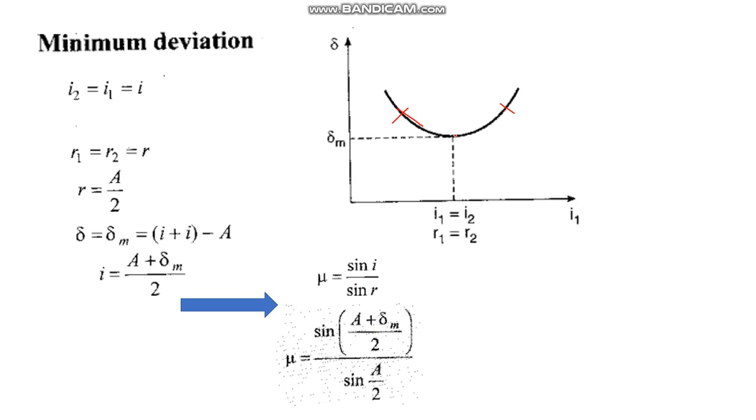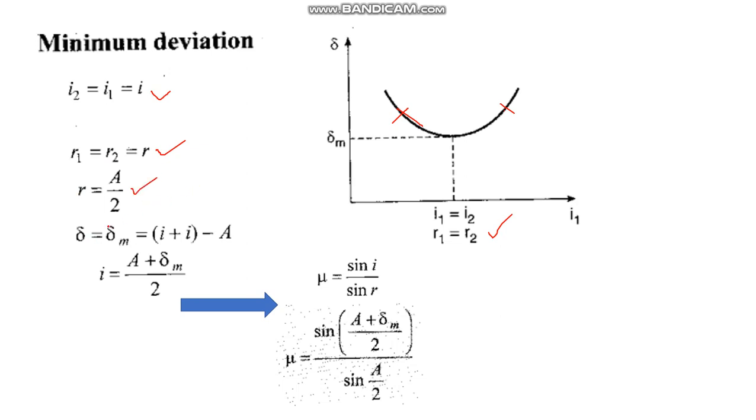This is a specific case where I1 and I2 are equal. When I1 and I2 become equal, at that particular case you get minimum deviation. Now if I1 is equal to I2, then obviously R1 is equal to R2. I1 is equal to I2 is equal to I if I call it, and R1 is equal to R2 is equal to R if I call it. You know that R1 plus R2 is equal to A, that means R becomes A by 2.